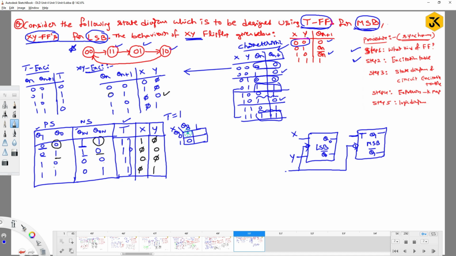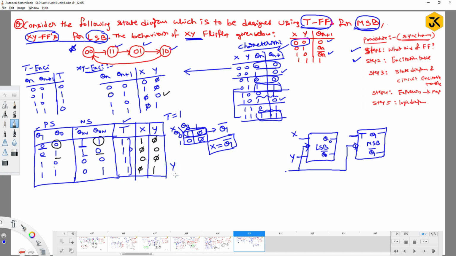For 0 0 it will be 1 and these two are pi. Then I can combine like this and get Q1 bar. So X equals Q1 bar.